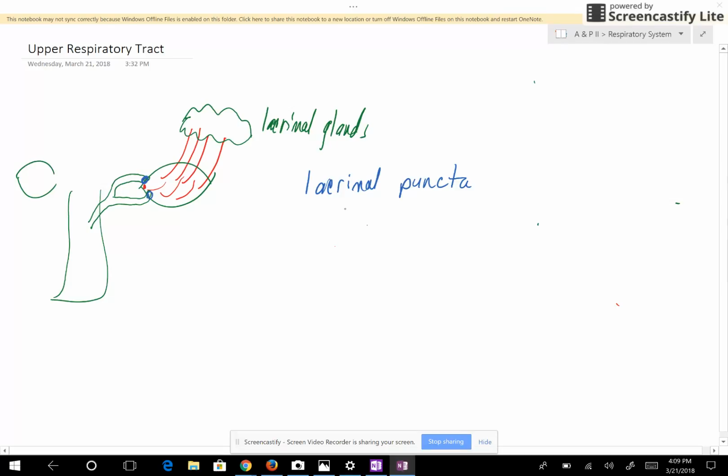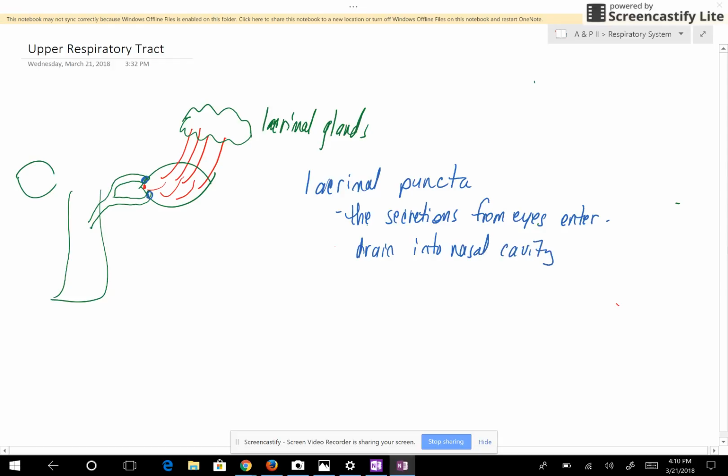And they're going to have your tears, or your secretions from your eyes. Basically, they're emptying the secretions. So the secretions from the eyes enter the lacrimal puncta, and then they're going to drain into the nasal cavity.